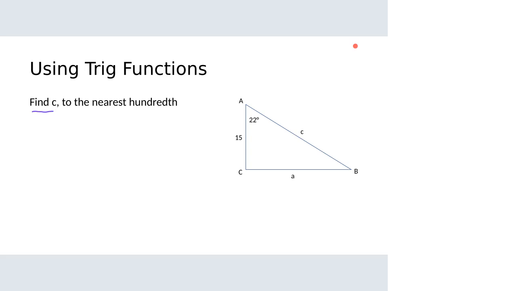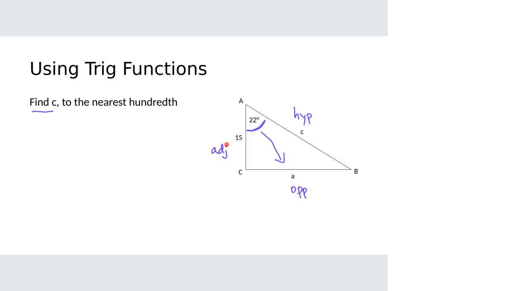I'm going to label this triangle real quick. Here's the angle I know. I know this is the hypotenuse because it's across from the 90-degree angle. Across from angle A is the opposite, and that means the other one must be adjacent. So I've got it labeled. Now I'm ready to go.